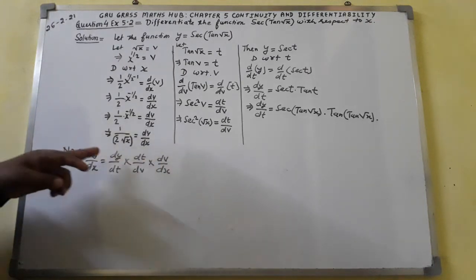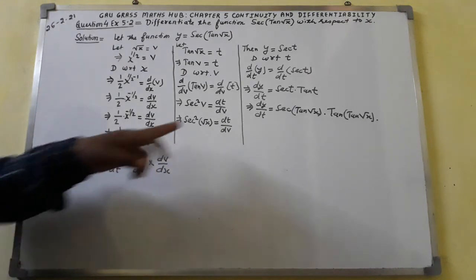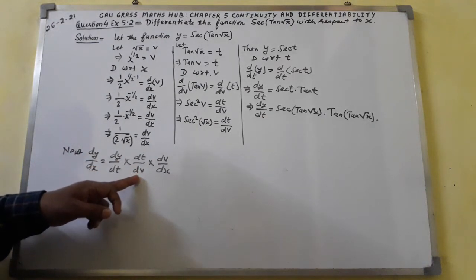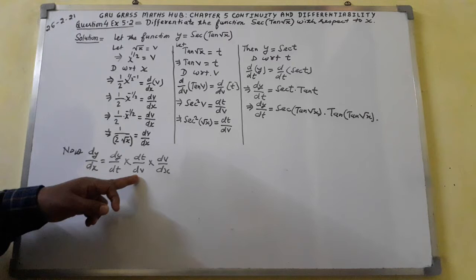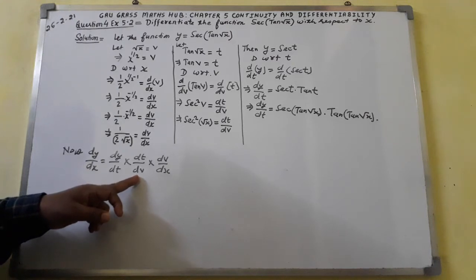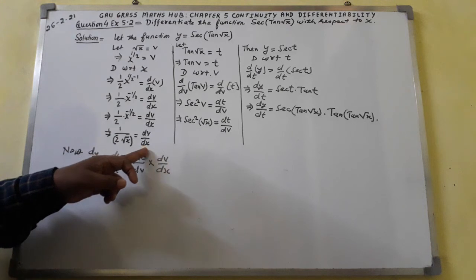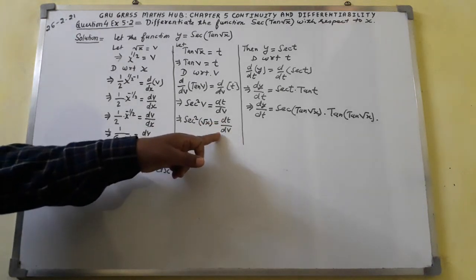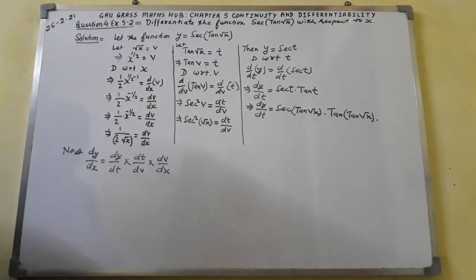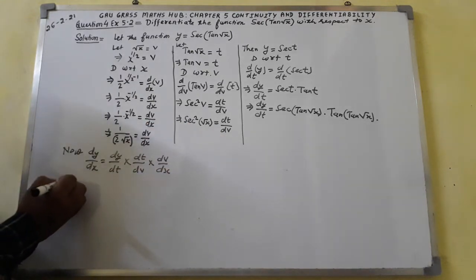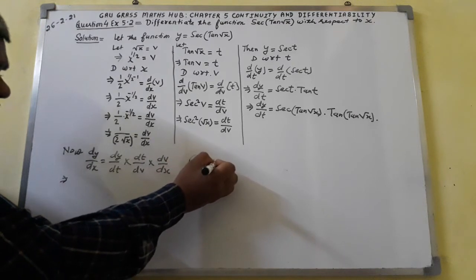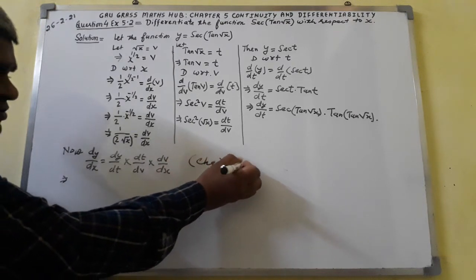Check this one. dy/dt you have got this one, dt/dv you have got, and dv/dx you have got. So this thing I shall replace. This is the chain rule. Here I shall write chain rule.